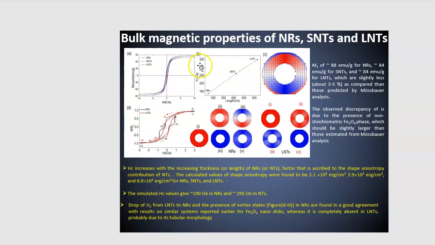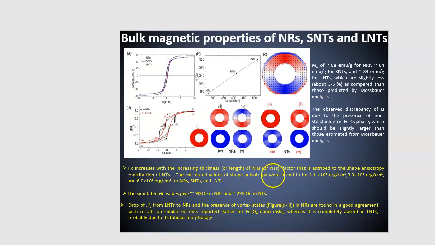If we see the variation of coercivity with the length or thickness of these nanorings, short nanotubes and long nanotubes, we found that coercivity increases with increasing thickness or length, which is due to the role of shape anisotropy.